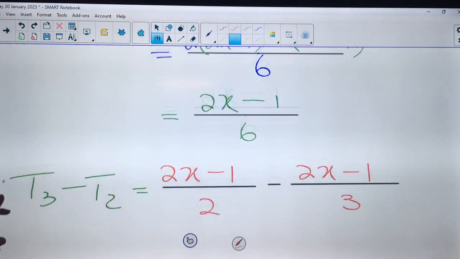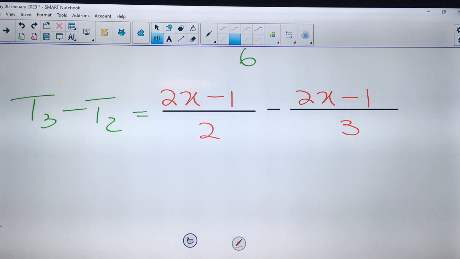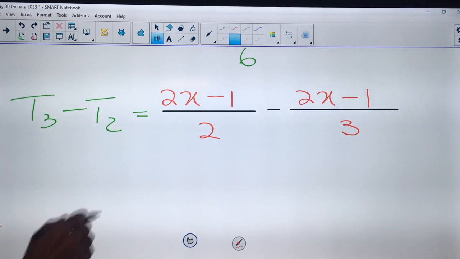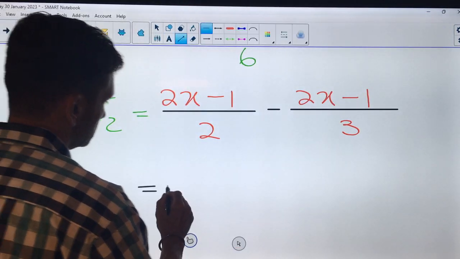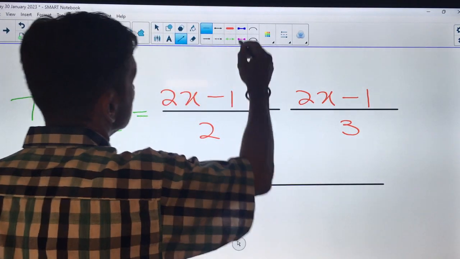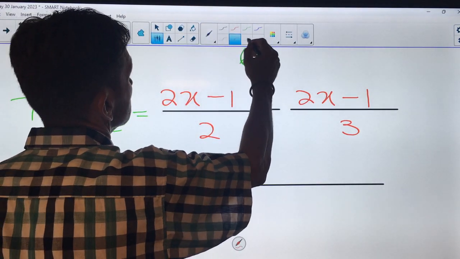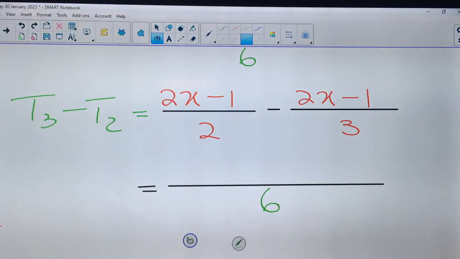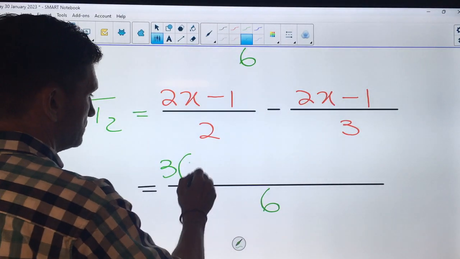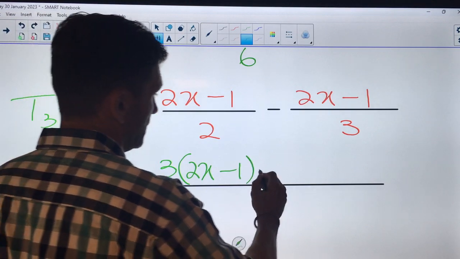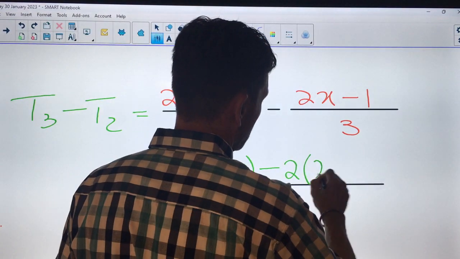Let me just check if I have that. It looks like that. So to what are we going to change both of them now? To 6. So the first one is multiplied by 3, and the other one is multiplied by 2.